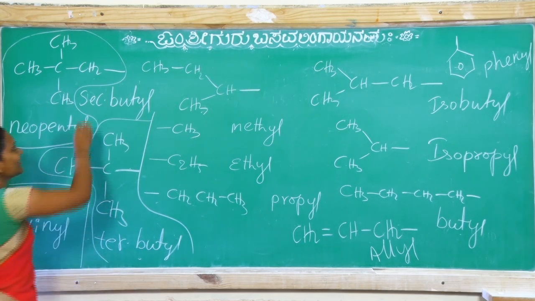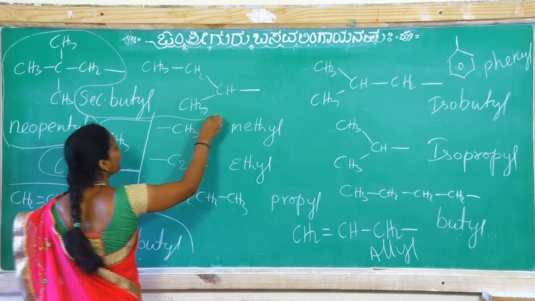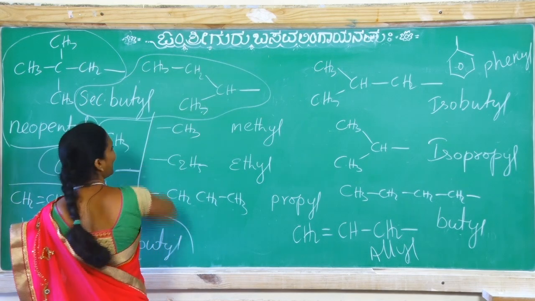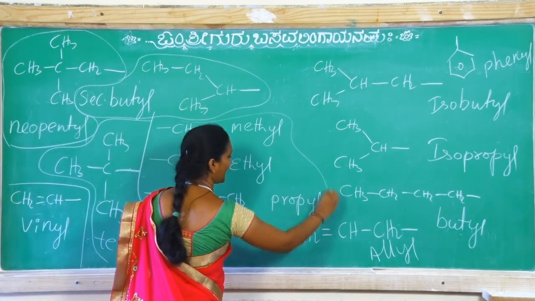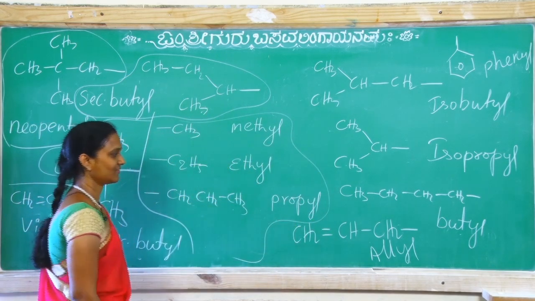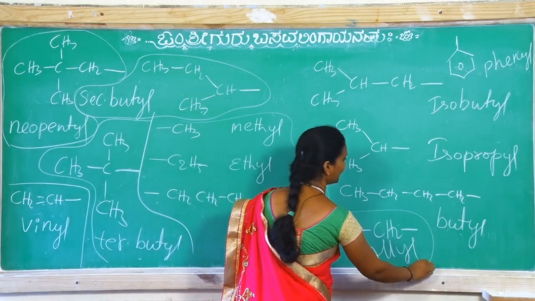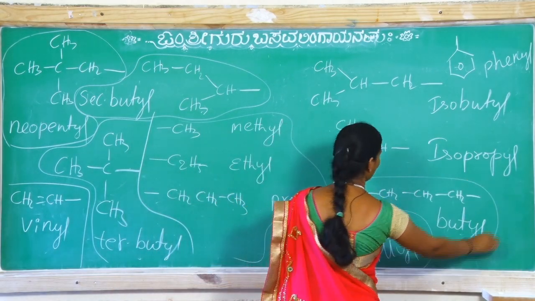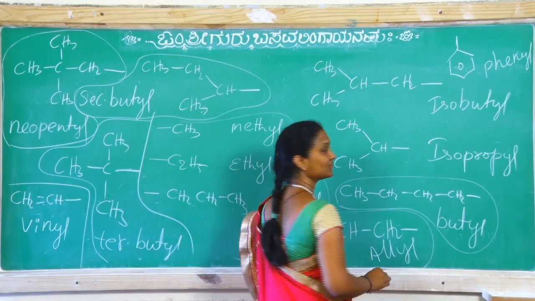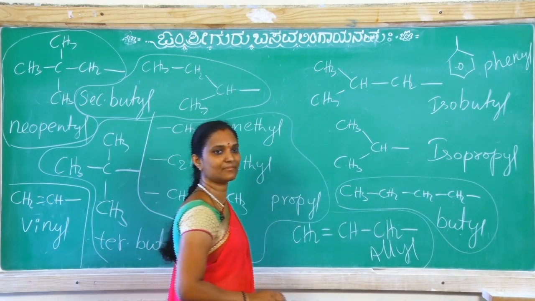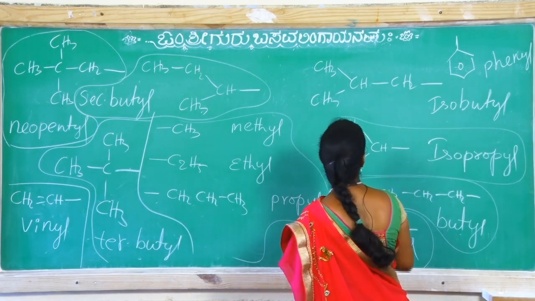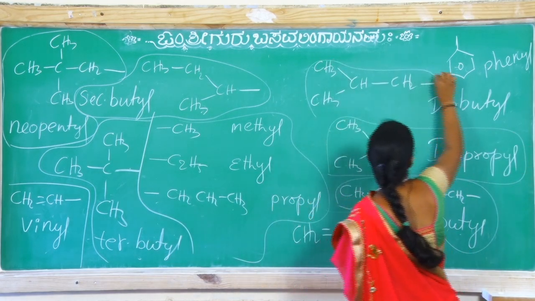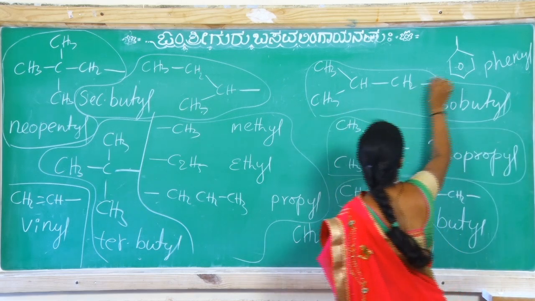This is secondary butyl. Methyl, ethyl, propyl. Allyl, butyl, isopropyl, isobutyl, phenyl.